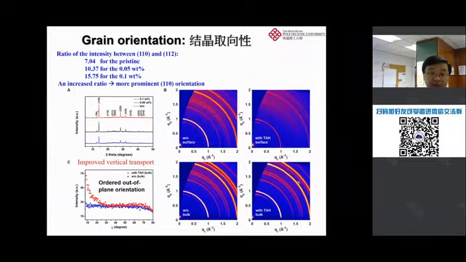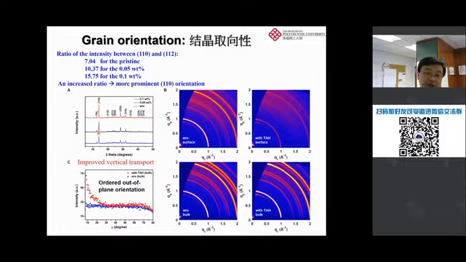I know I've run out of time, but I just want to mention that this multifunctional surfactant allows us to get better crystallization orientation, and that will help the vertical transport. The evidence comes from two parts. One is the normal XRD, the ratio between the 110 and the 112 peaks.